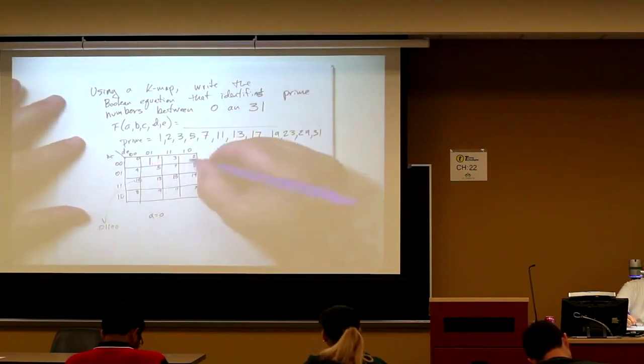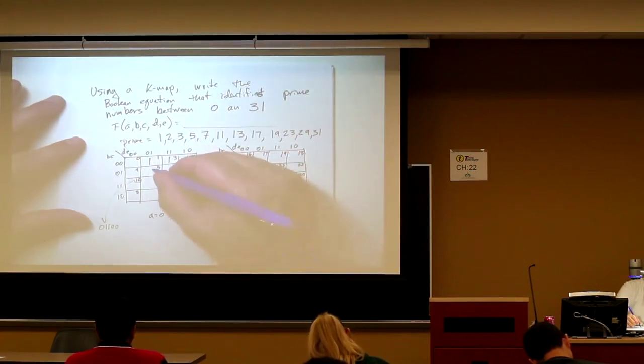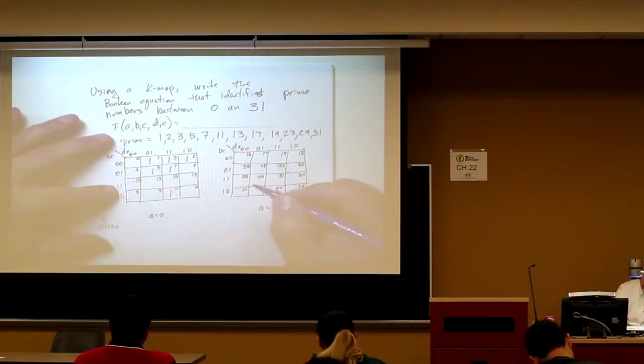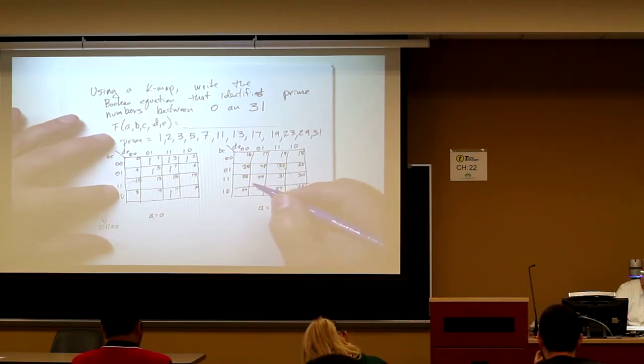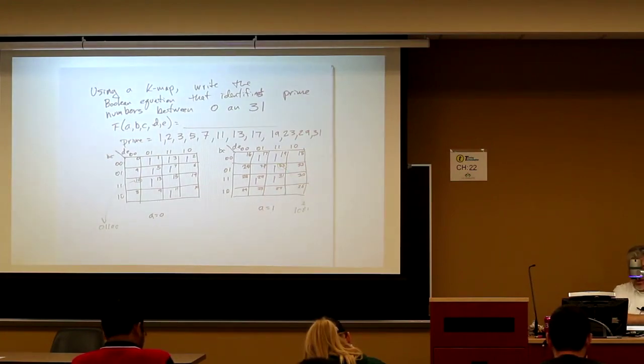So here we go. 1, 2, 3, 5, 7, 11, 13, 17, 19, 23, 29, 31. Wow. This looks kind of messy, doesn't it?